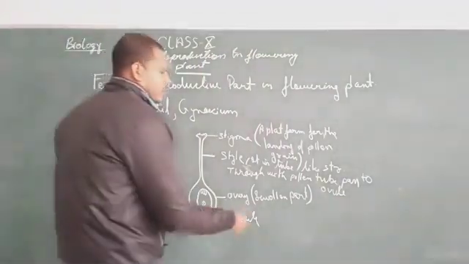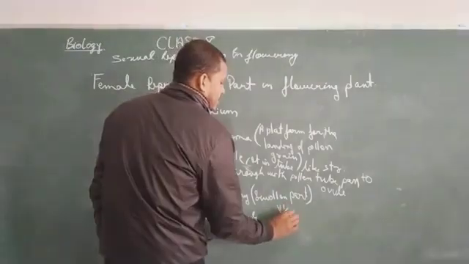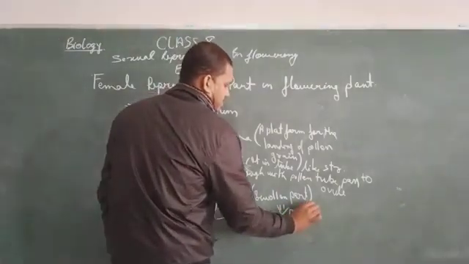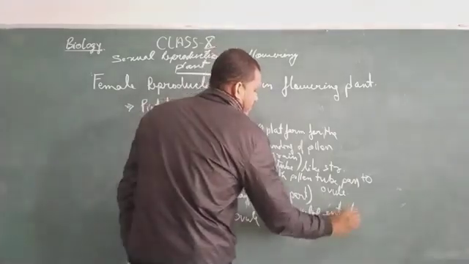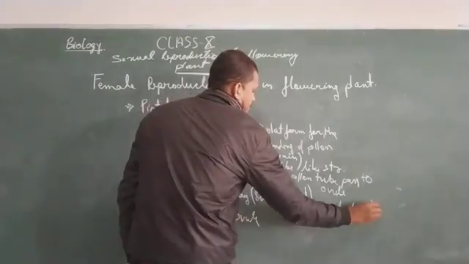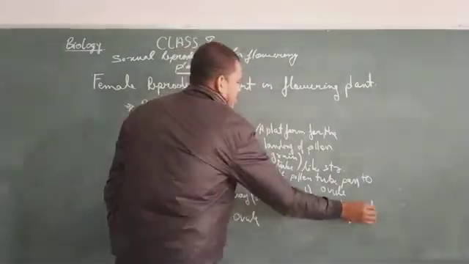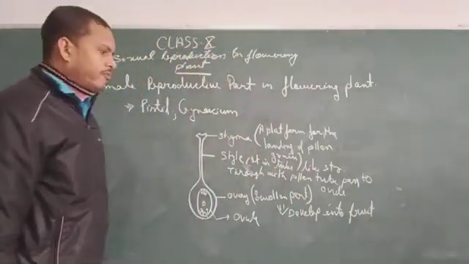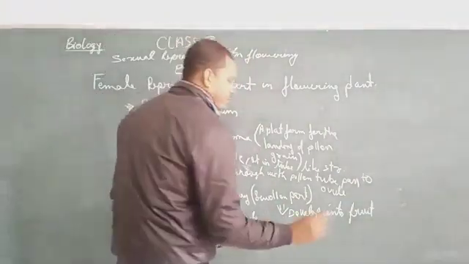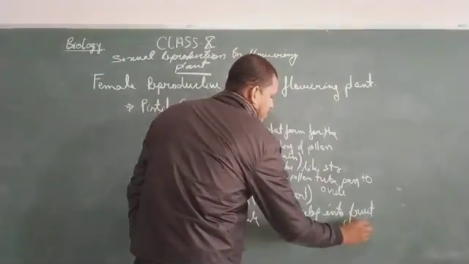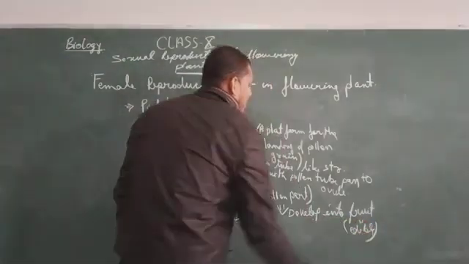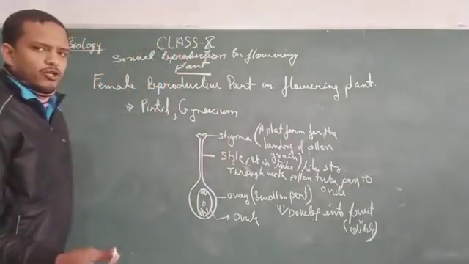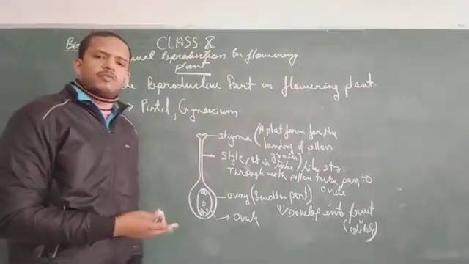What is ovary? It is the swollen part that develops into fruit, which is edible. The edible fleshy part of the fruit that we eat is actually nothing but the ovary.